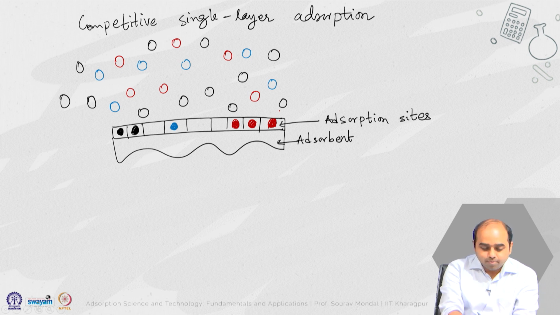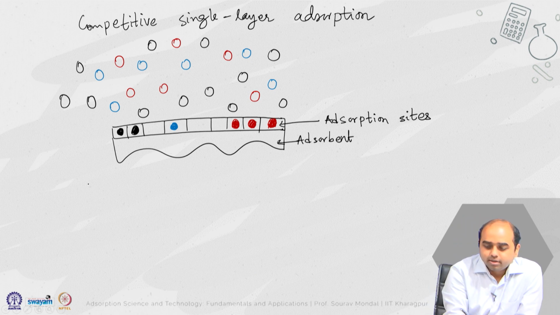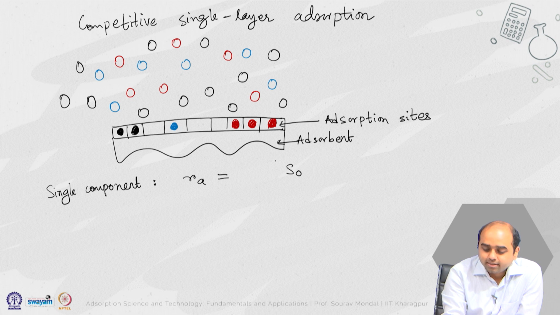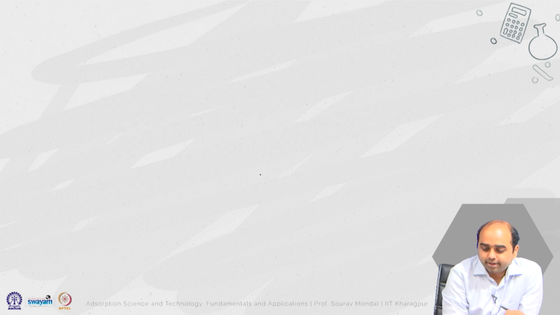So, for the single component, if you recall, the rate of adsorption is proportional to the number of free sites, the partial pressure of that component, and it is multiplied with the adsorption constant.